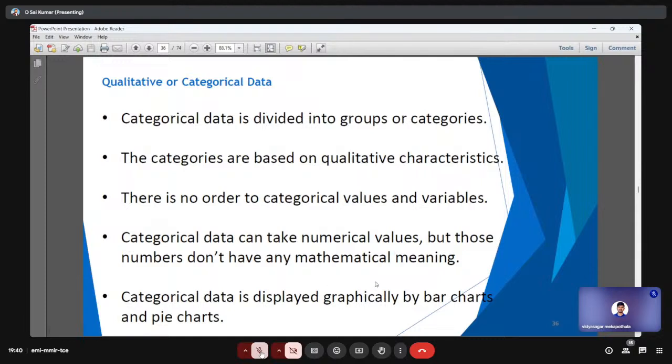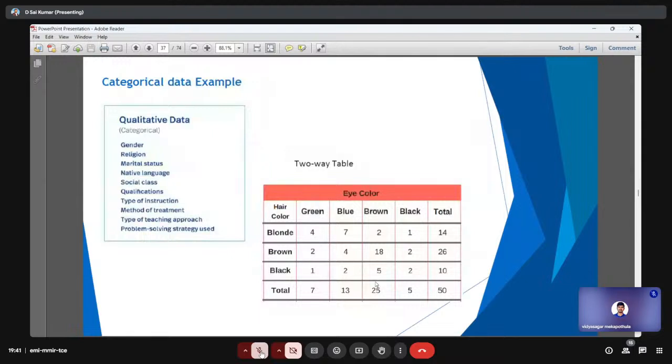Categorical data is displayed graphically using bar charts, pie charts and so on. Some examples are gender, religion, marital status, etc. These are some of the fields that take categorical data as input.